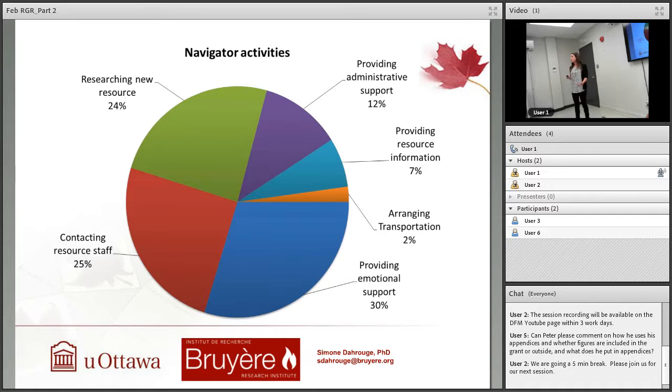Amongst many things, the activities that the navigators conduct to support these patients overcome barriers and access resources revolve primarily around providing emotional support, contacting resource staff to determine eligibility criteria or whether additional application or information is required, and researching new resources that take into consideration the barriers the patient encounters in being able to access a resource that can help them achieve their health goals.